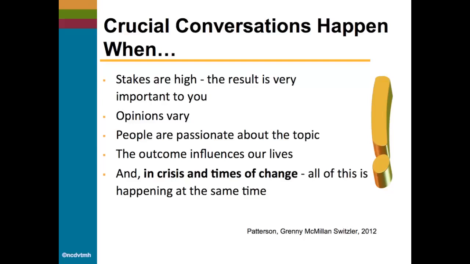We have lots of strengths in why we do what we do and how we do what we do. And at the same time, if there are many of us in a space or in a conversation, we may have as many different opinions. And so it makes it important to figure out strategies to hear each other when people are passionate about the topic.